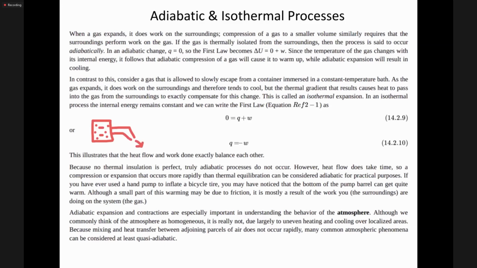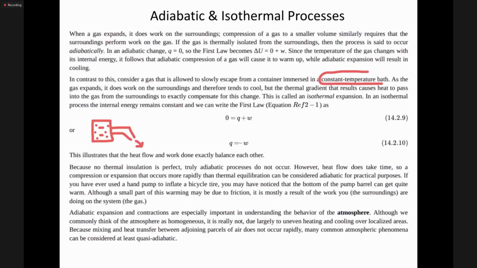Now as the gas expands, it is doing some work on the surroundings. If it is doing work on the surroundings, it tends to cool. But the thermal gradient that results causes heat to pass into the gas from the surroundings to exactly compensate for the change, because it is in an isothermal situation. Isothermal means it is kept in a constant temperature bath, as it is written over here.